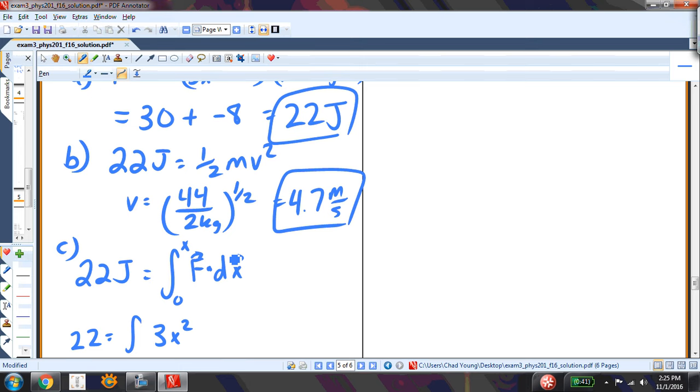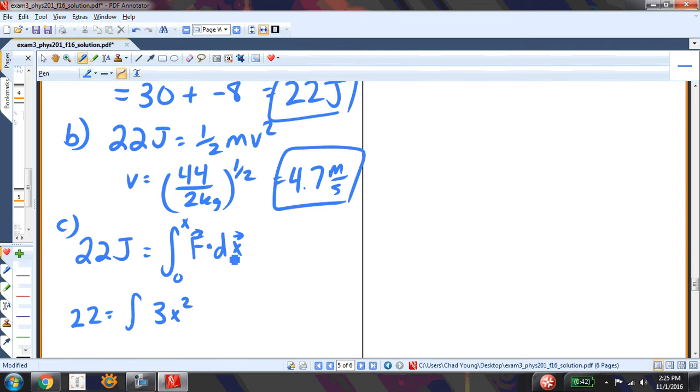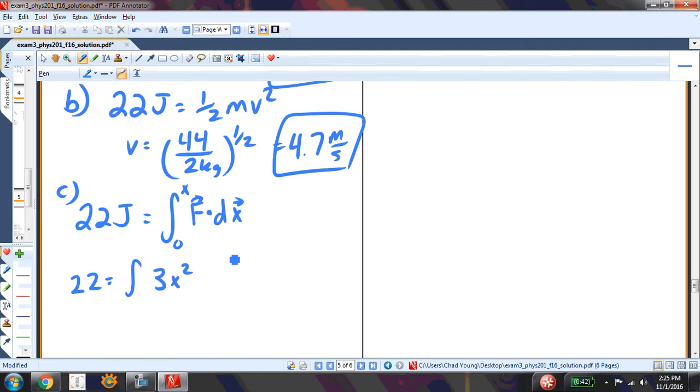But x is in the I direction, our force is in the I direction. I've made it so that you don't really need to worry about the dot product, but really that's what you're doing, is that you're taking a dot product before you do the integral, or as you're doing the integral even. You'll get to this in calculus 3, you chem majors at least, and your engineering majors. So the integral of 3x squared dx, 22 is 3x cubed over 3.